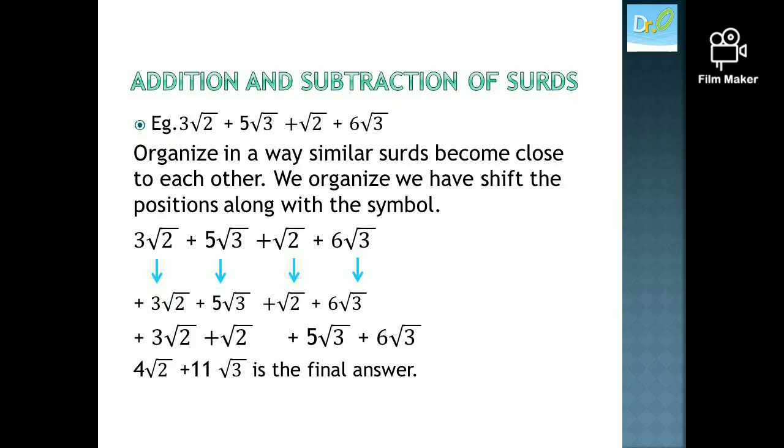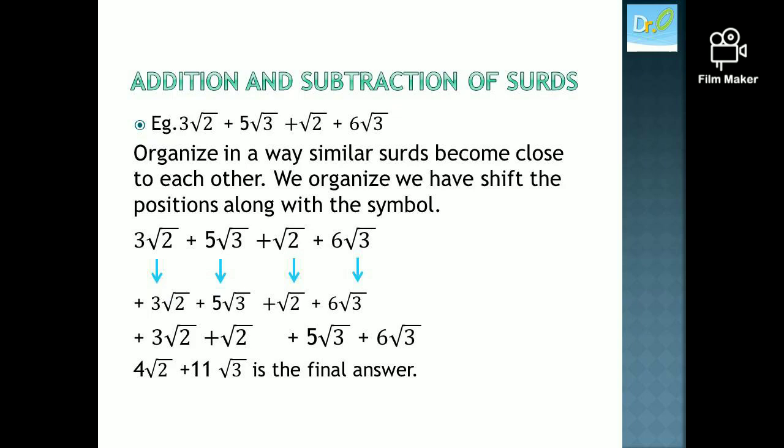Therefore, if you happen to add such surd terms, please make the similar surd terms close to each other. For example, I can bring 3 root 2 and plus root 2 close to each other and 5 root 3 and 6 root 3 close to each other. Remember that when you bring them, bring the surd term along with the sign in front of it. What is the sign in front of 3 root 2?